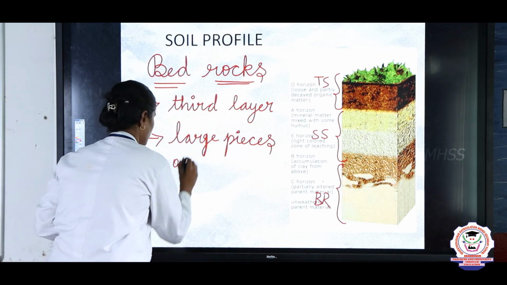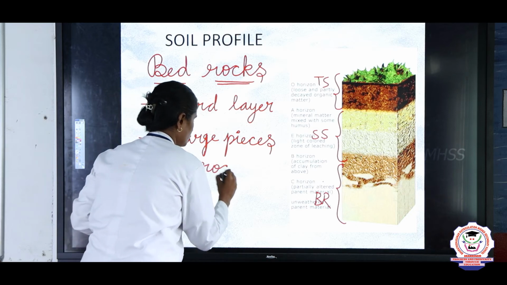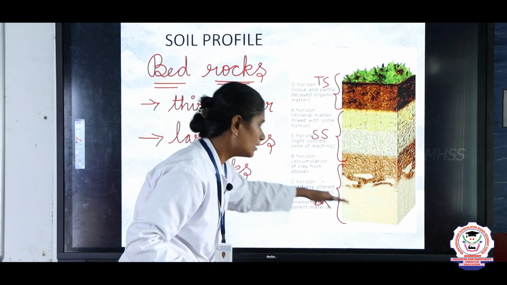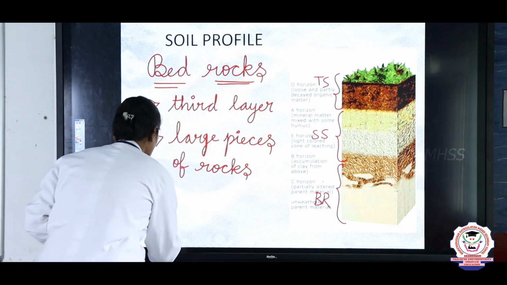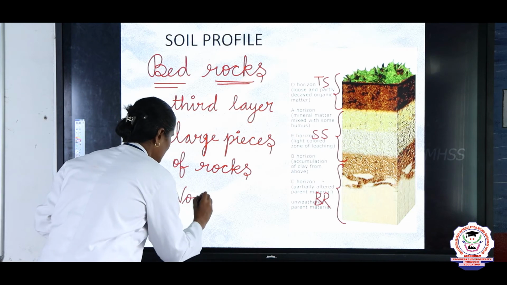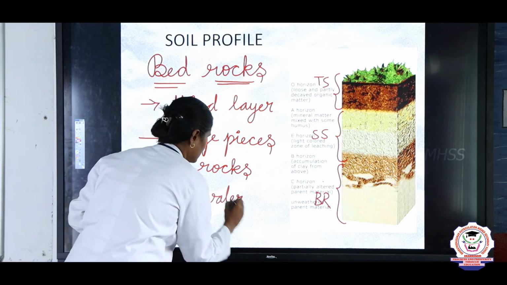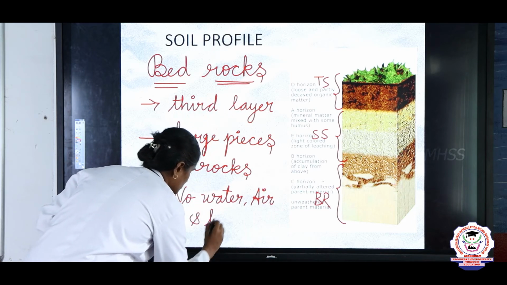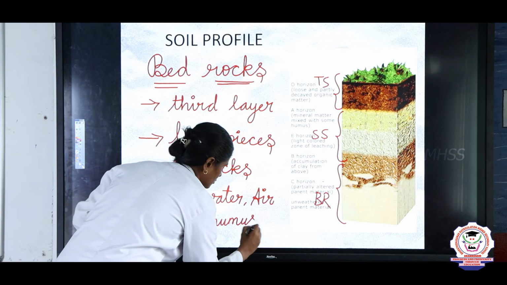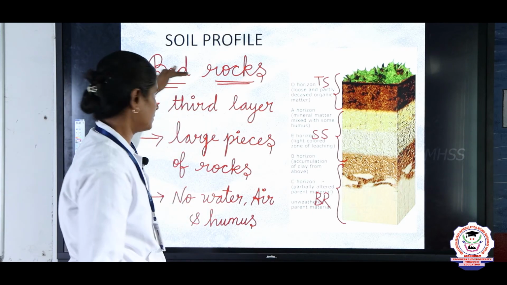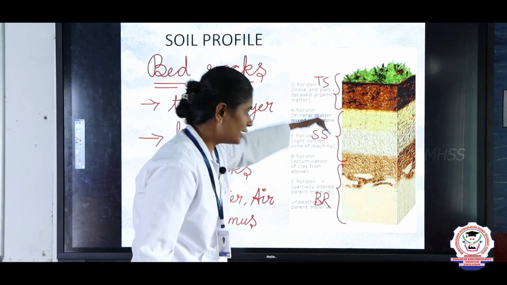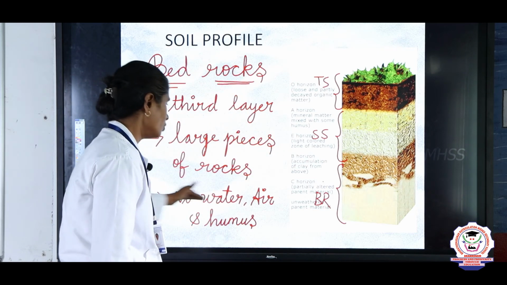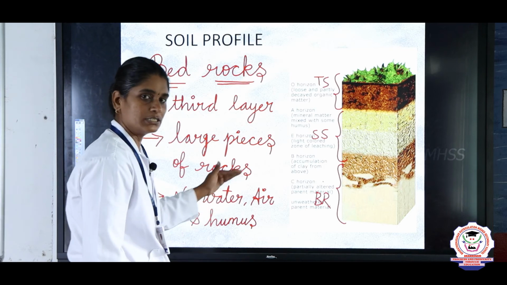We can find large pieces of rocks in the bedrocks, and here there is no water, no air and no humus present. When you want to write about bedrocks, the bedrock is the third layer of the soil. Beneath the subsoil, it contains large pieces of rocks and no water, air or humus is present here.